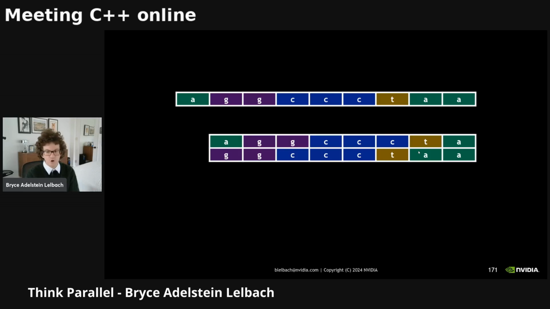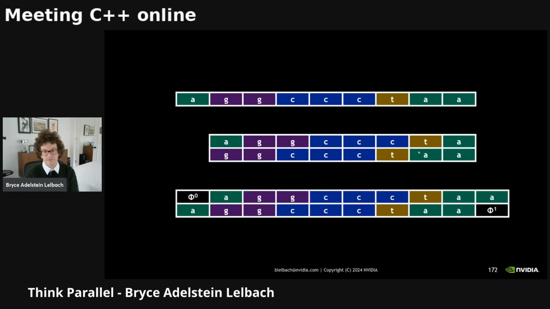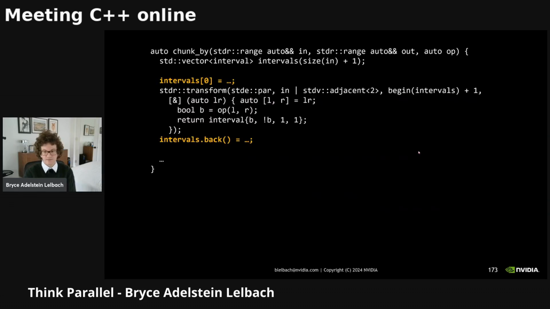An interval always represents the element on the right-hand side of the operation. We also need a special identity value on the left to handle the first element, and a special identity value on the right to close the last chunk and give us the final count of how many chunks we have. We'll handle the identity values here.